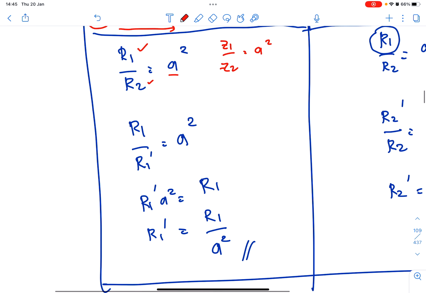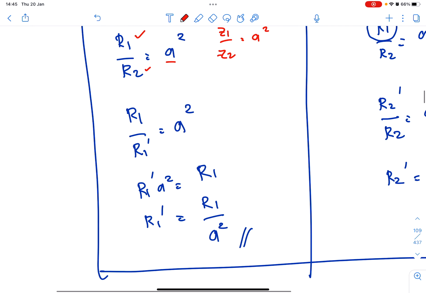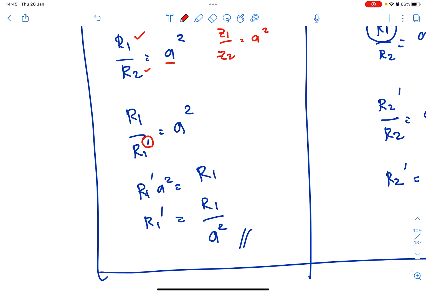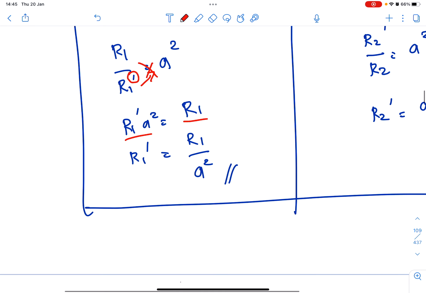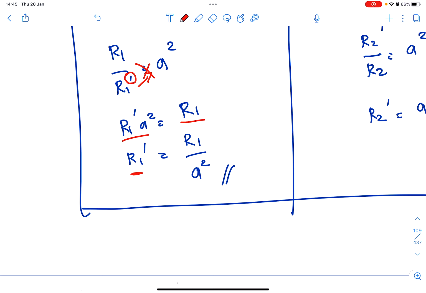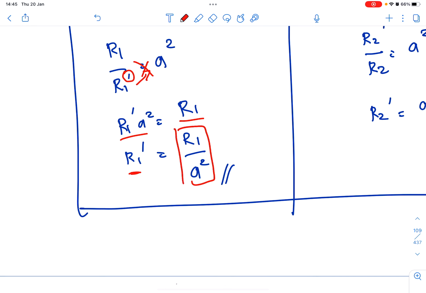So you need to redenote kamu punya R1 jadi R1 prime. So you just change di sini R2 jadi R1 prime. So R1 prime, if you cross multiply this one, you get R1 prime A square equal to R1. So R1 prime is equal to R1 divided by A square.